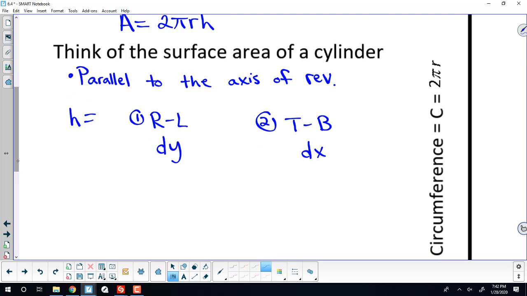I hesitate to put what the radius is, because sometimes that changes depending on what you're revolving the region around. But in this case, most of the time, if it's the y-axis, your radius is just y. Here, your radius is x. But it really does depend on the axis you're revolving around.